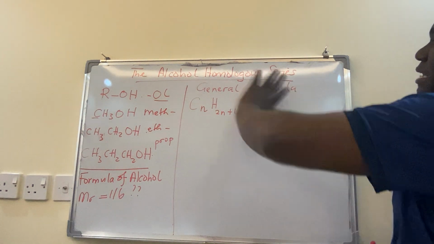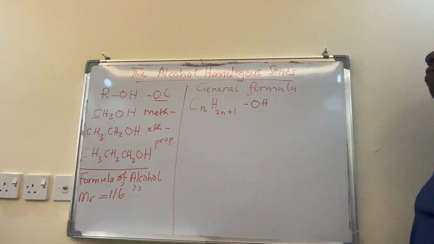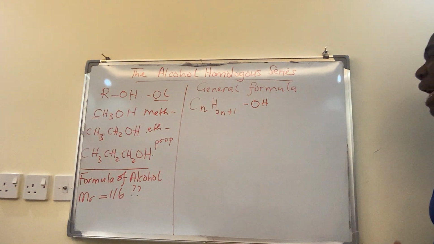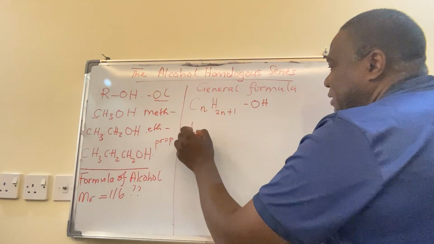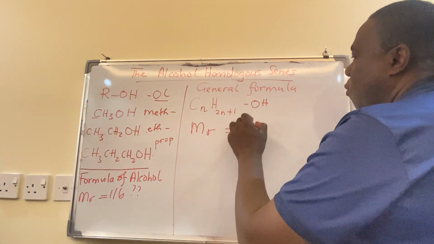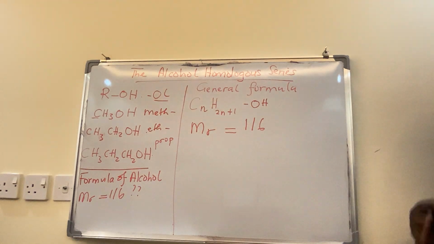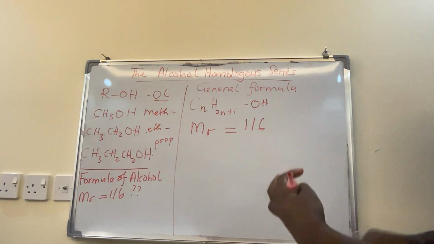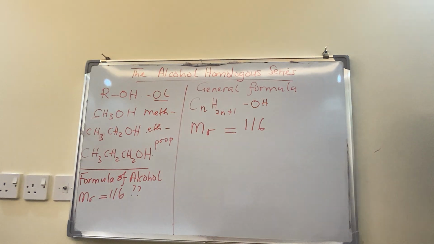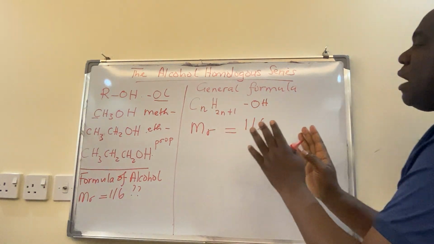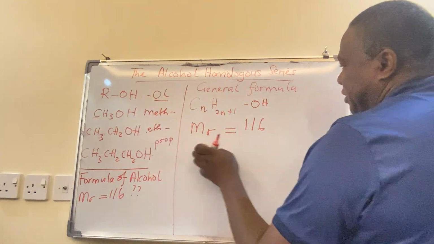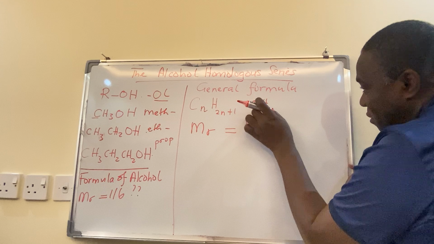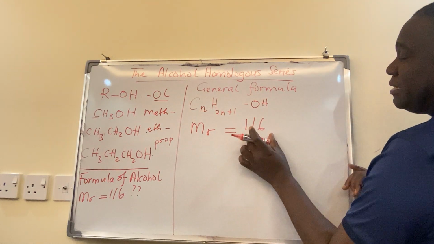If you are asked to write down the general formula of your alcohols, that is the answer. Suppose now someone says, I have an alcohol whose Mr is 116. Can you predict what will be the formula of this alcohol? I know that all alcohols will have OH.